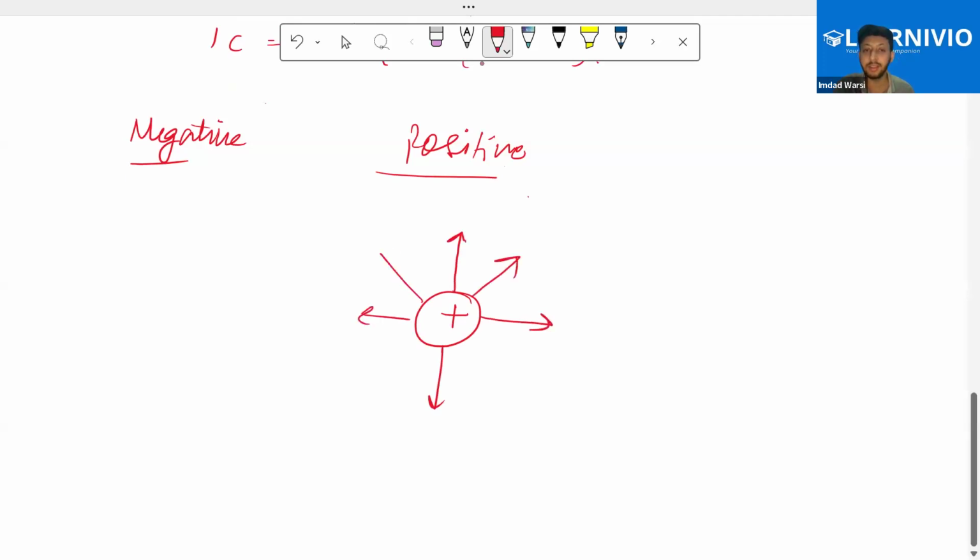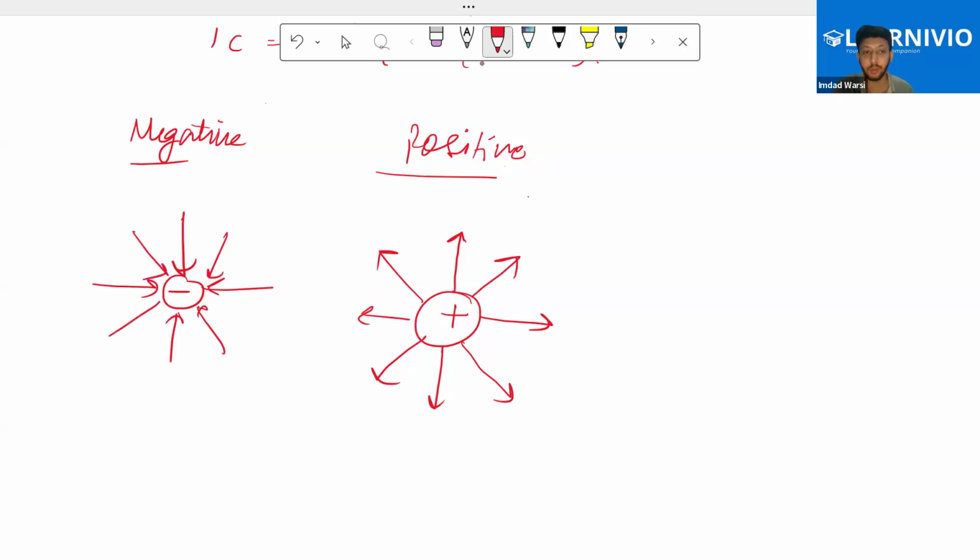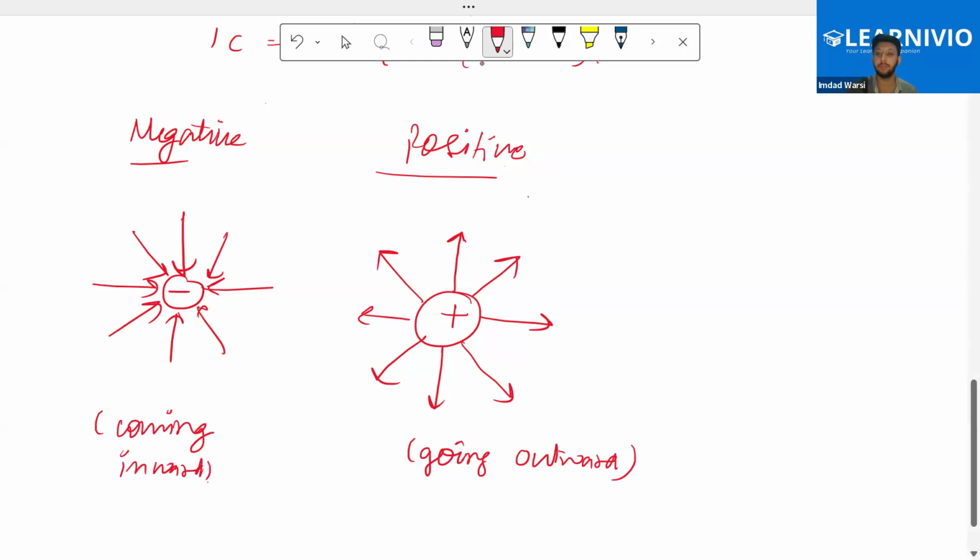Positive charge is like rays are emerging out from it, and negative charge is like rays are going into it. This is always true. In positive charges the rays are going outward, and in negative charge the rays are coming inward. Write it down.